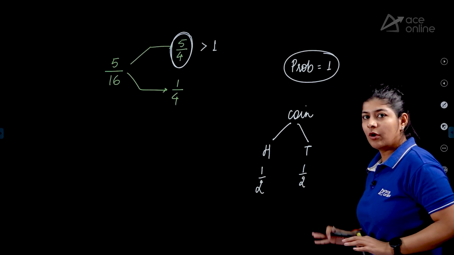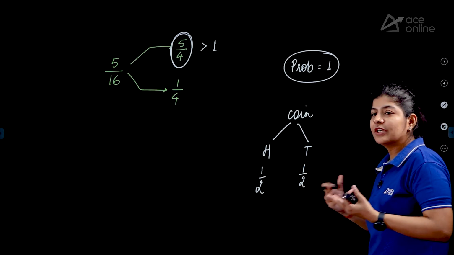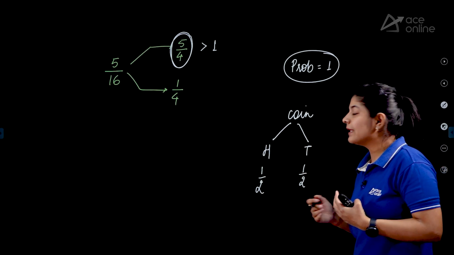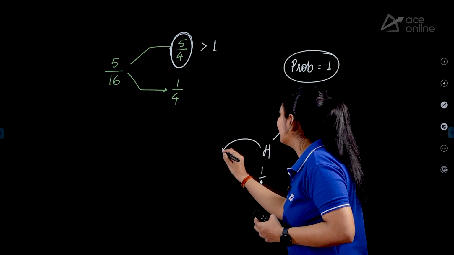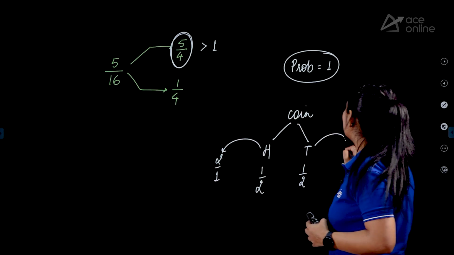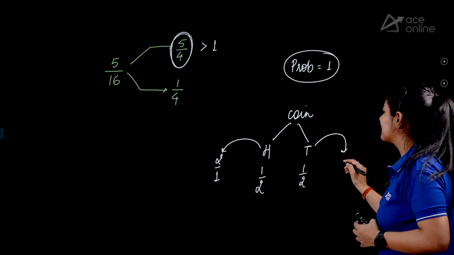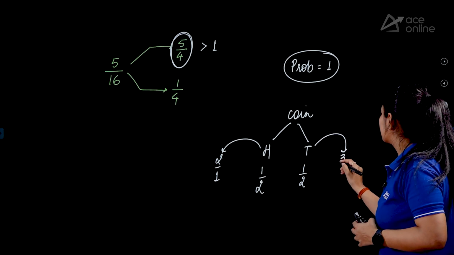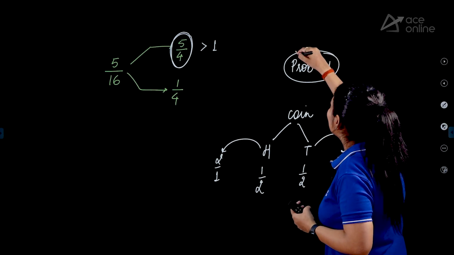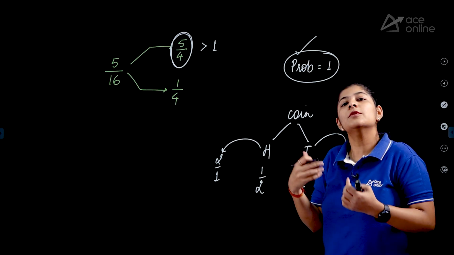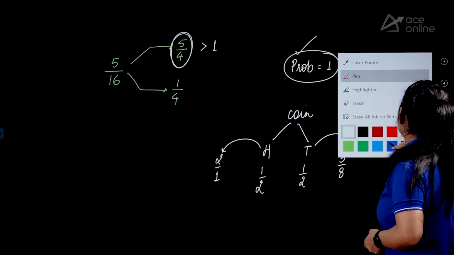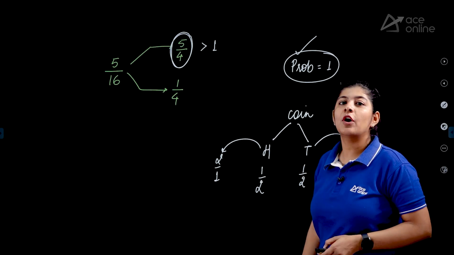You can't say, ma'am, the probability of getting heads is 2 by 1 and the probability of tails is 3 by 8. That's not possible, because we know that the maximum probability is equal to 1 only. Is it clear? Okay. Now let's move on.